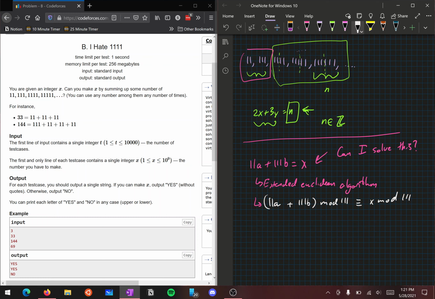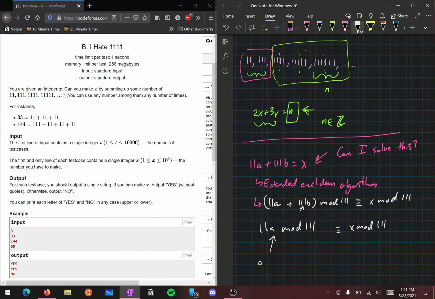We can distribute this modulo: we have 11a mod 111 plus, notice that this goes away because it's divisible by 111, so plus 0 is congruent to x mod 111, right?